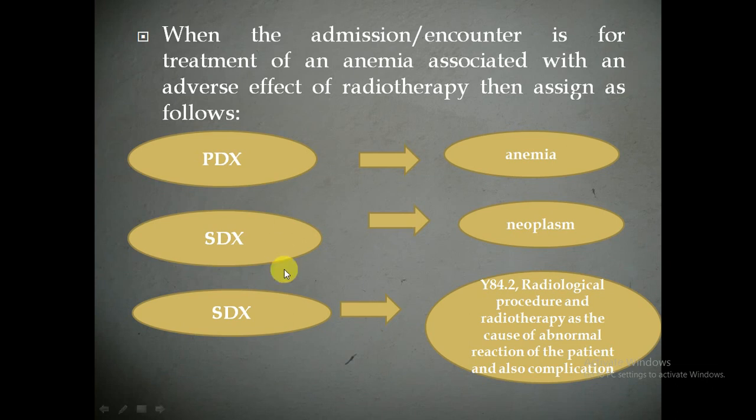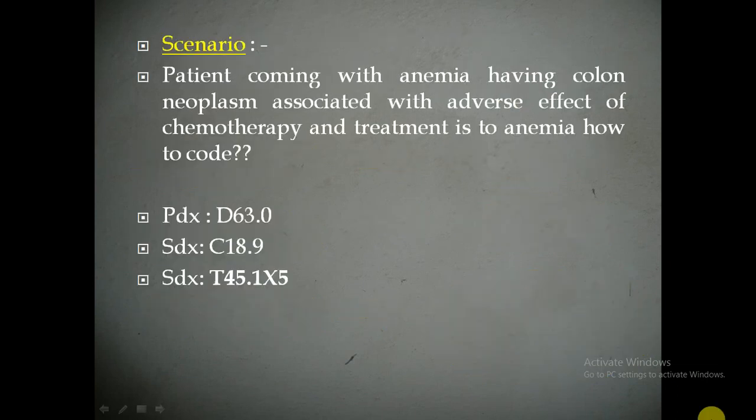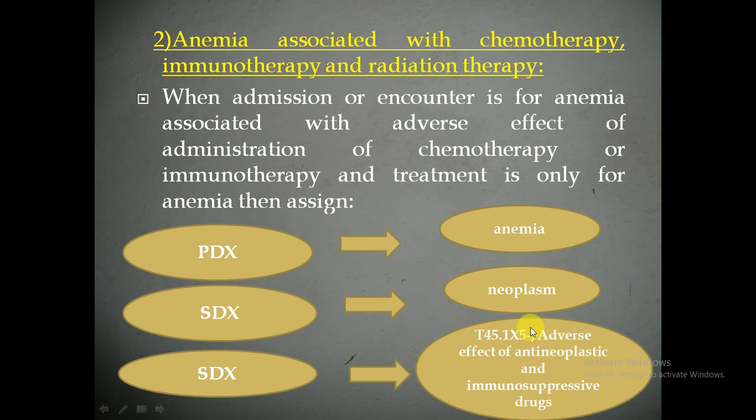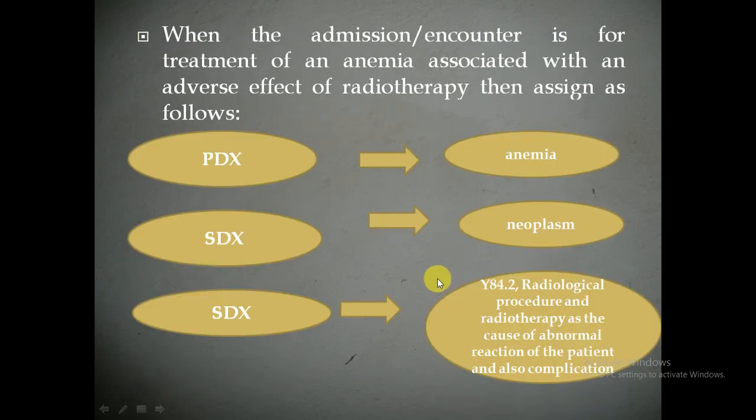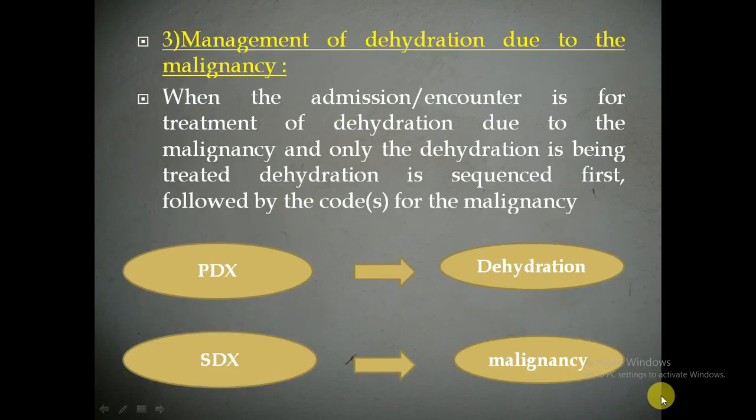But here we are not going to give the T series, that is a complication series, but we are going to give the Y84.2 ICD, that is radiological procedure and radiation therapy as the cause of the complication. So similar to this guideline only, but instead of this one we are going to give Y84.2 ICD, that is because of the radiation therapy as abnormal cause, that one we have to give as the secondary diagnosis.